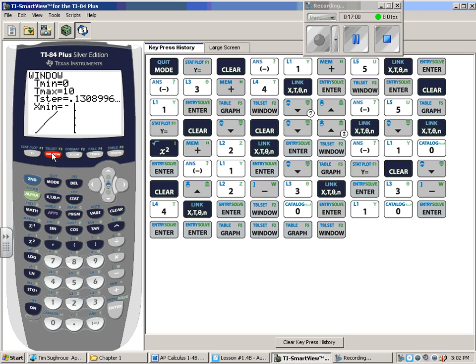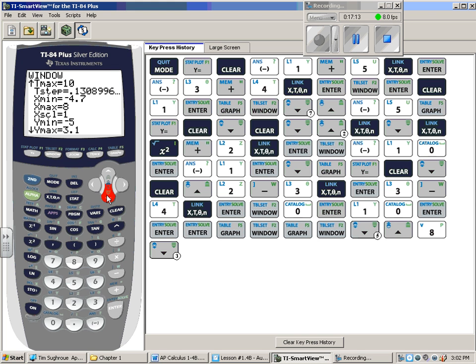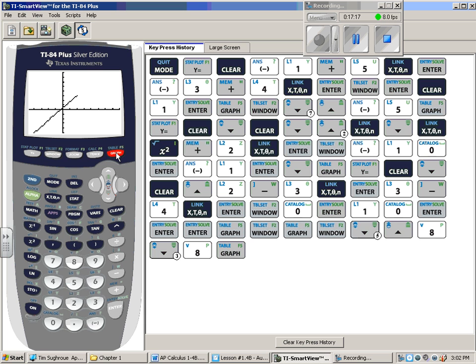So let's set our window, change it a little bit. Let's make our x max maybe be 8. And our y max, maybe we'll set that at 8. So we see it a little bit better, and we graph. And we can see it starts at the point right here, 2, 3. It goes through the point -1, -1, and it keeps right on going. Okay? So that's what we have to do when we set these up.